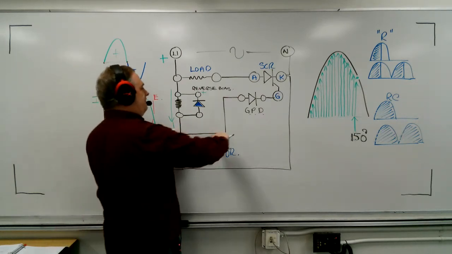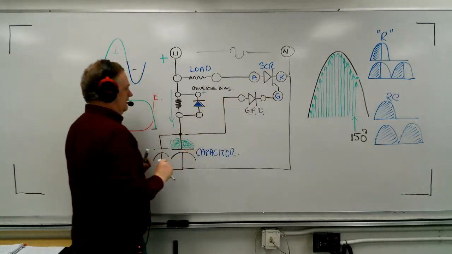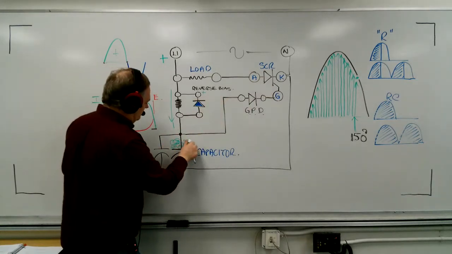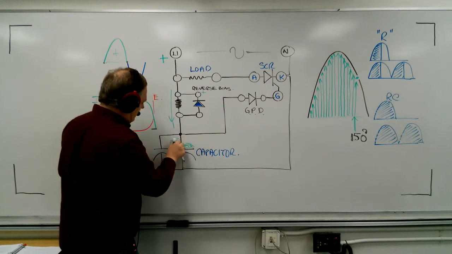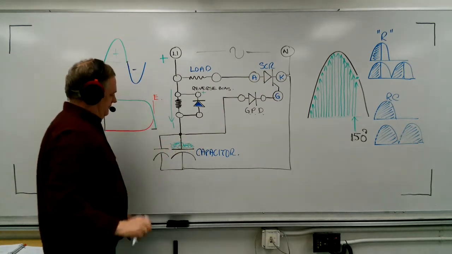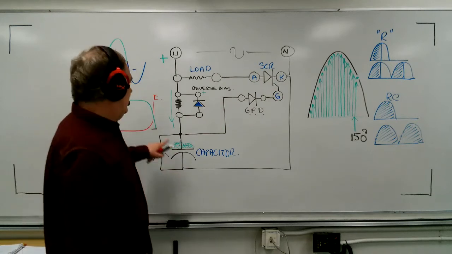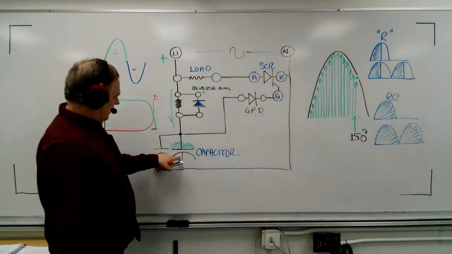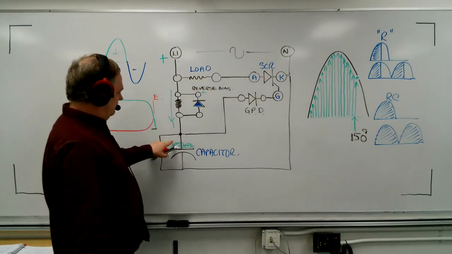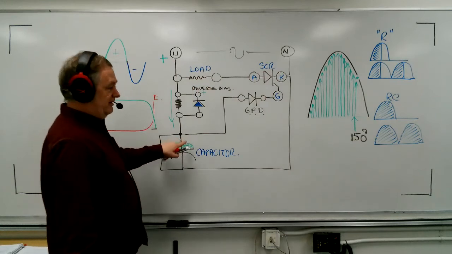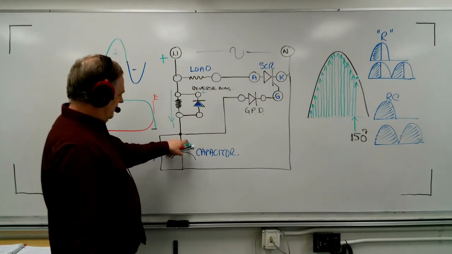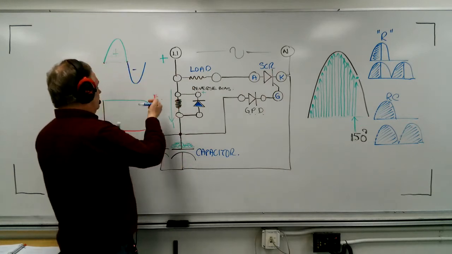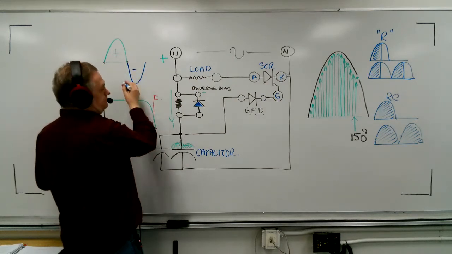Now, when we actually fire the signal into the gate, some of this current goes into the gate, but not all of it. And so what that means is that at the total end of the alternation, we have a capacitor sitting here with sometimes a fairly significant amount of charge on this plate. Now, let's watch what happens over here.